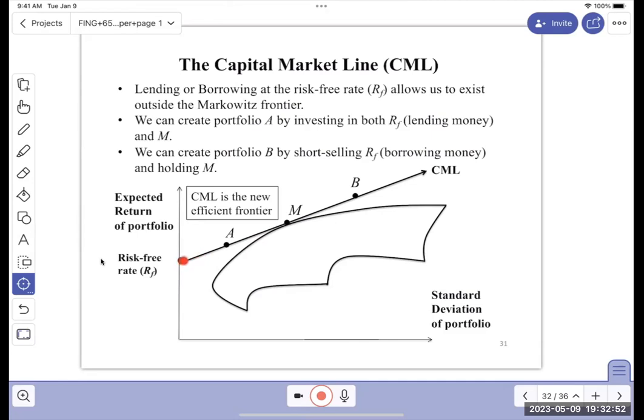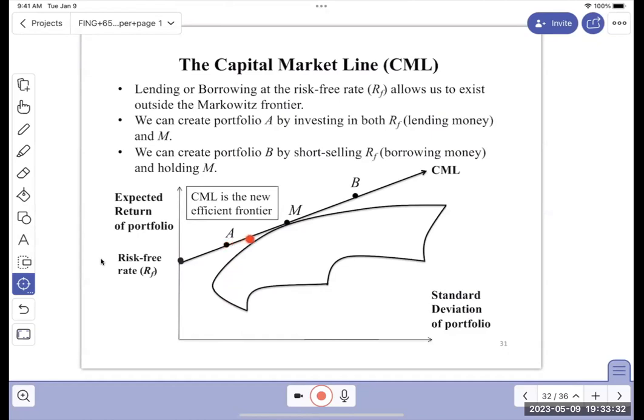So I'm going to hold T-bills, and I'm also going to invest in the market portfolio. And I'm going to put myself here. This is partially invested in the risk-free asset, so I'm loaning the government money at the risk-free rate, and I'm partly invested in the market portfolio. And let's say I'm happy with this level of the standard deviation, so this is where I end up. This is the combination I choose, A.